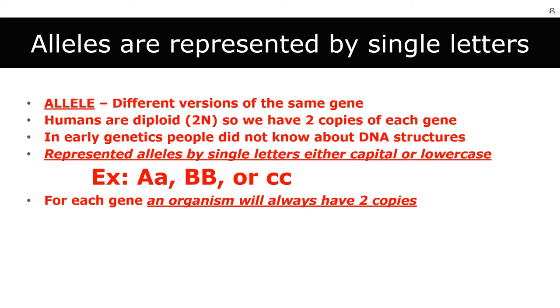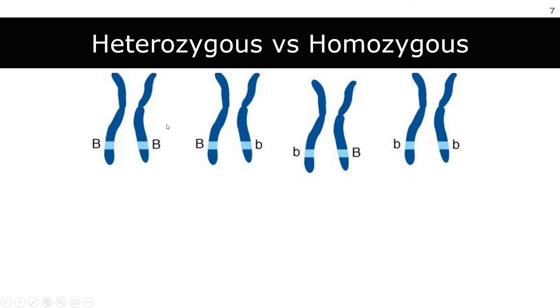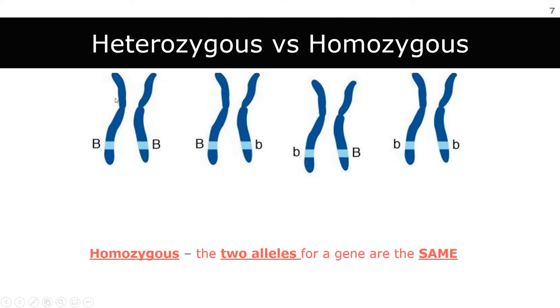And again, for each gene in an organism, we'll have two copies for all of those diploid organisms, right? So there are a few different states that you can be in, either heterozygous or homozygous. You have two versions of each chromosome, and on each of these chromosomes, you're going to have some kind of allele.